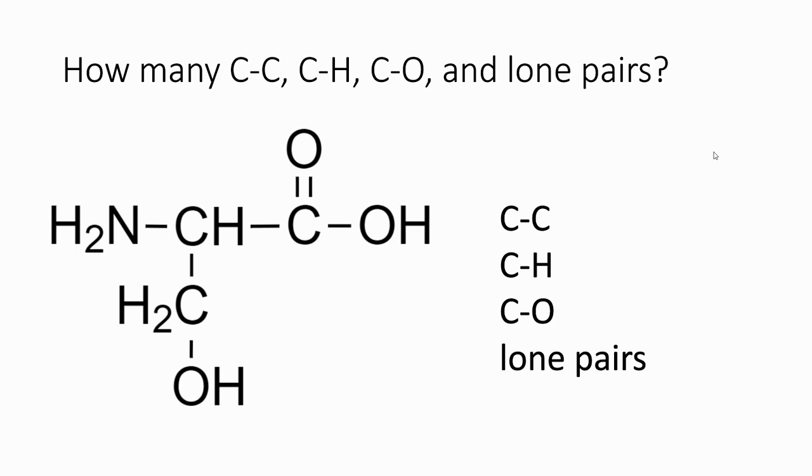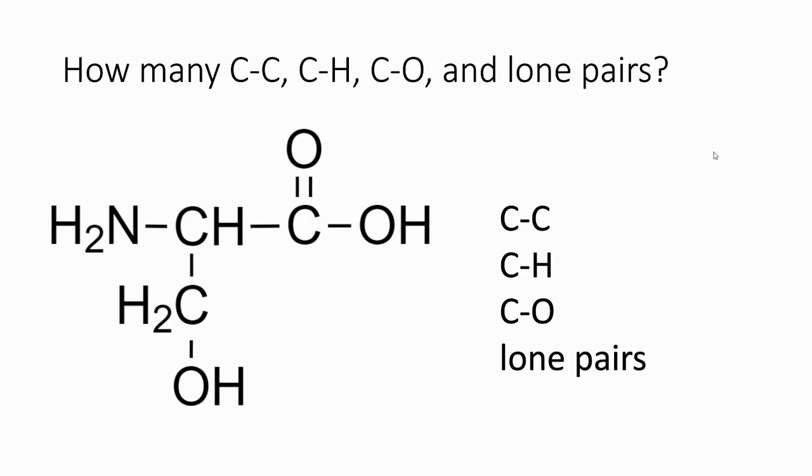Okay, let's go over this. How many carbon-to-carbon bonds are there? Carbon to carbon. There are two. There's one here, and then there's one here. So this hydrogen should really go here, so this is actually carbon to carbon.